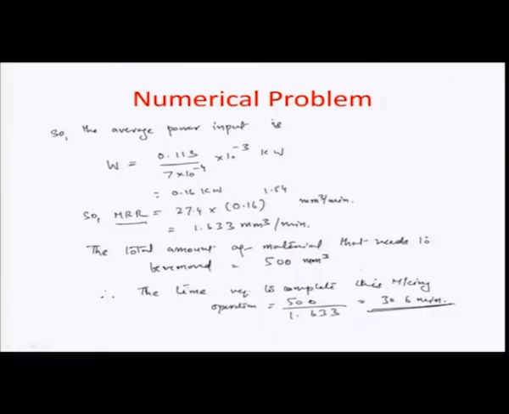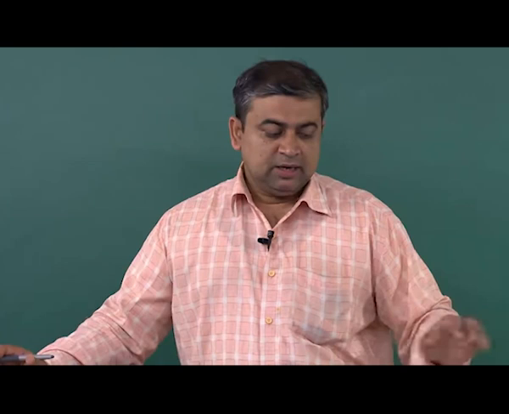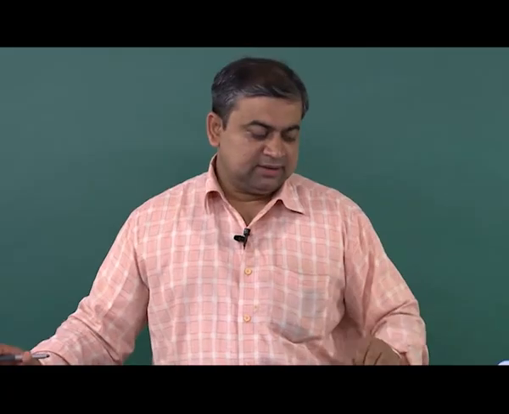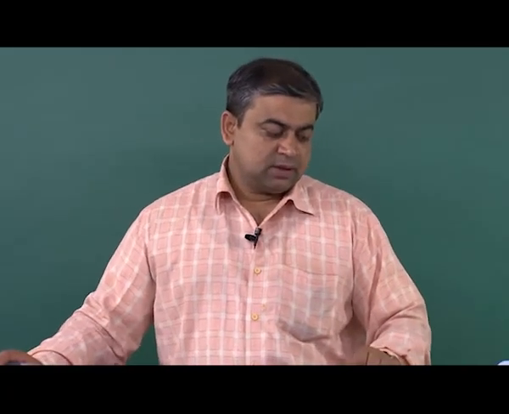So you can estimate the rate of an EDM process, and particularly the rate of material removal, and realize that in about 306 minutes you can drill a very small hole on a sheet thickness of about 5 millimeters.